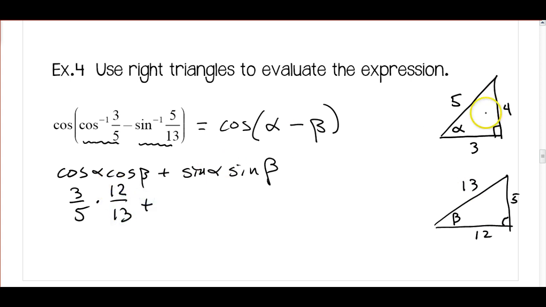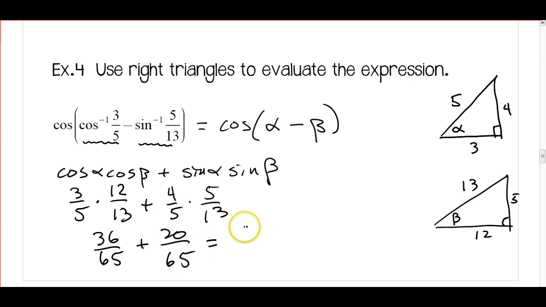Plus sine alpha, back to the top triangle, is 4 over 5. Sine beta, from the bottom triangle, is 5 over 13. So this is 36 over 65, and this is 20 over 65, which turns out to be 56 over 65.